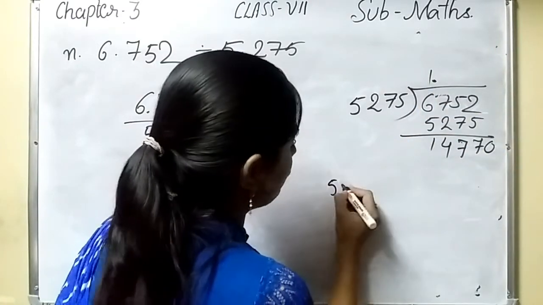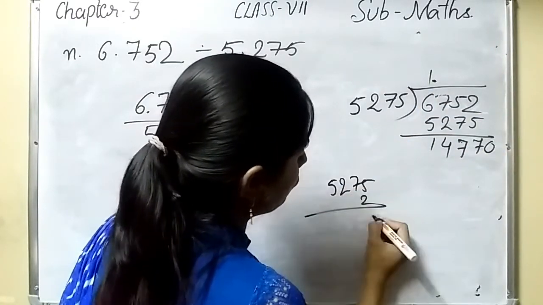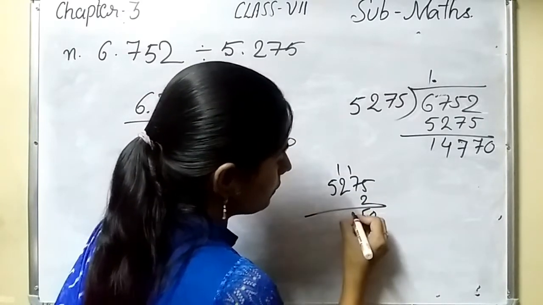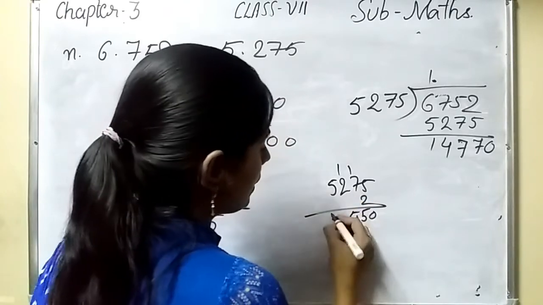Now multiply 5275 by 2: 5 twos are 10, 7 twos are 14 plus 1, 15, 2 twos are 4 plus 1, 5, 5 twos are 10.